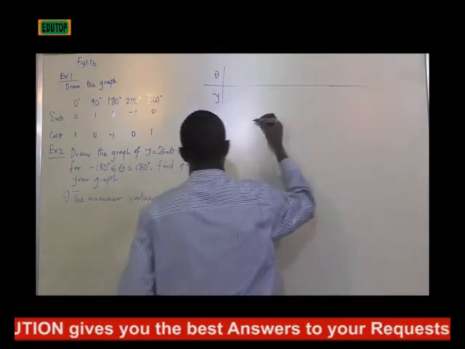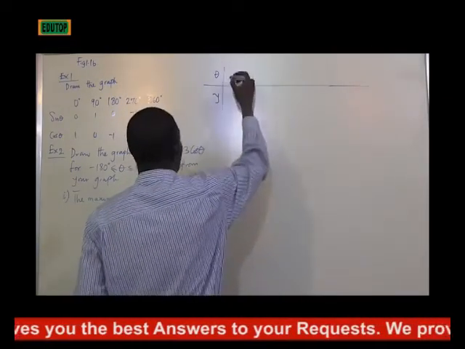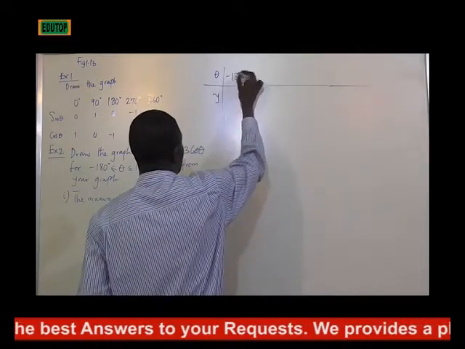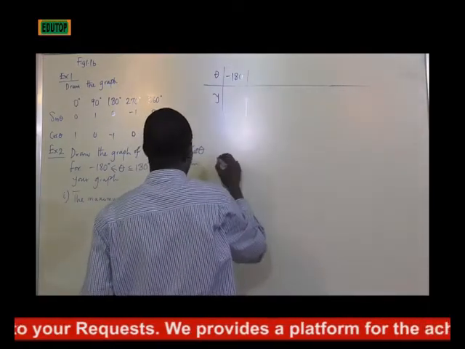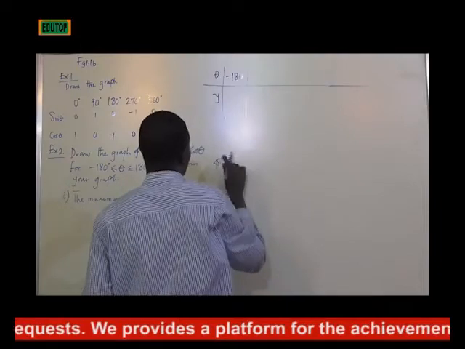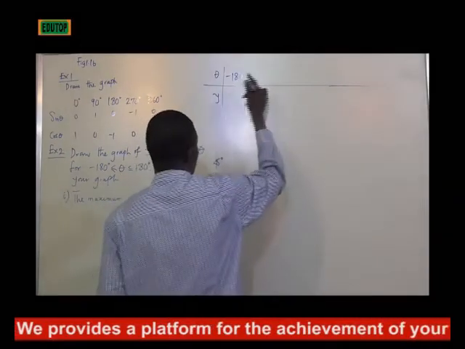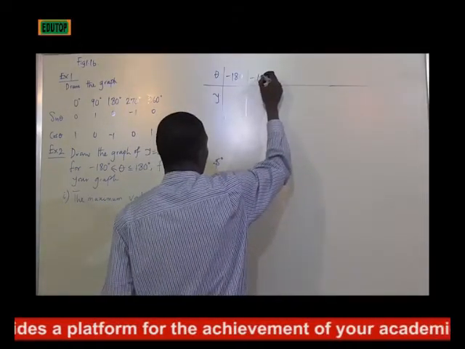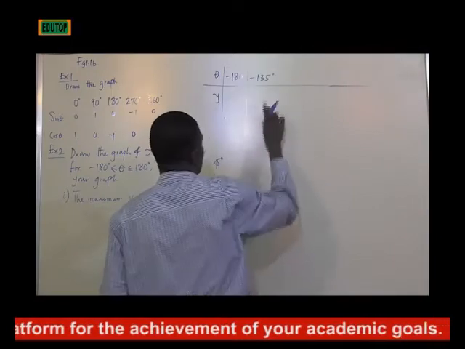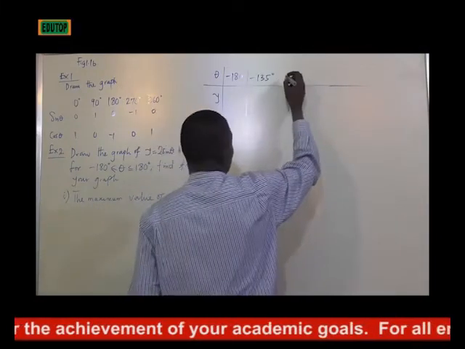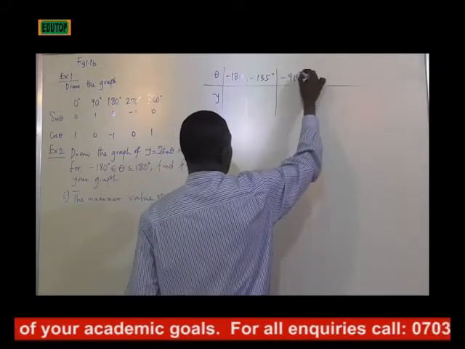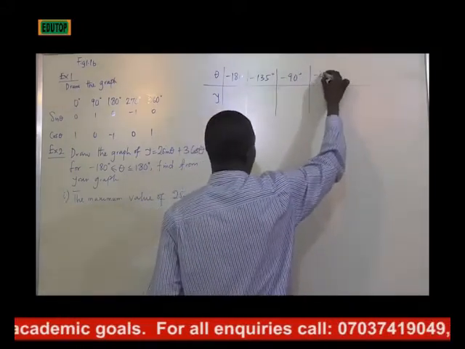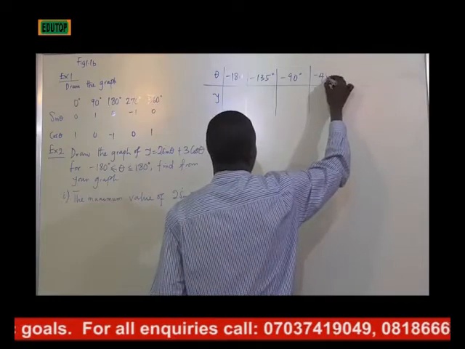So now we resolve this. For the first case, we have minus 180 as the maximum. Then we use 45 degrees differences. So this minus this, we have minus 135 degrees. Then the next one will be minus 90 degrees. The next one will be minus 45 degrees.